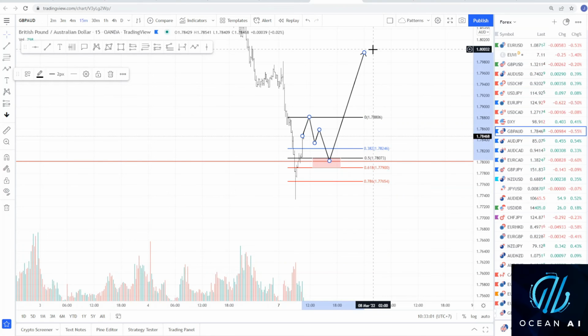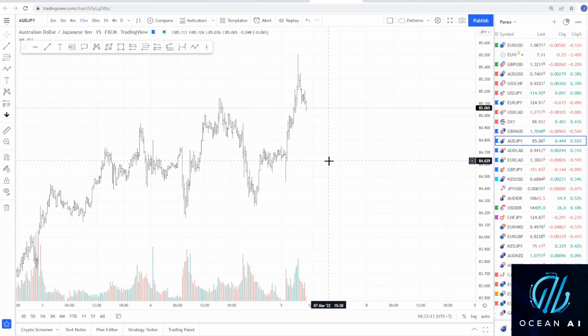Same thing with this as with the Canadian. I will keep an eye on it, and if we get the pullback, I'll put an order out, and go from there. What else? The Aussie Yen here. So this was a nice one as well. We just look at just on the 15-minute here.